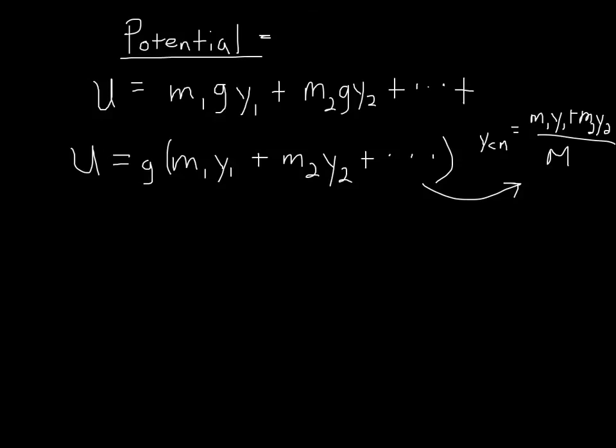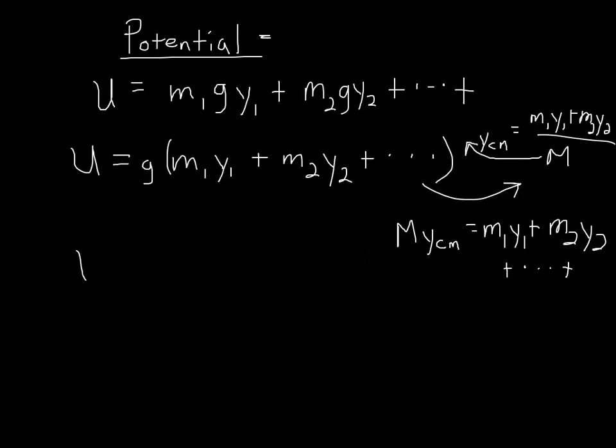So by multiplying this big M, the total mass, over, I would find that M times the position of the center of mass is equal to m1 times y1 plus m2 times y2 plus all the other little particles that make up my body, my system. If you look closely, you can see m1 times y1 plus m2 times y2 is the exact same thing as I've written here, which is all equal to M times y of the center of mass.